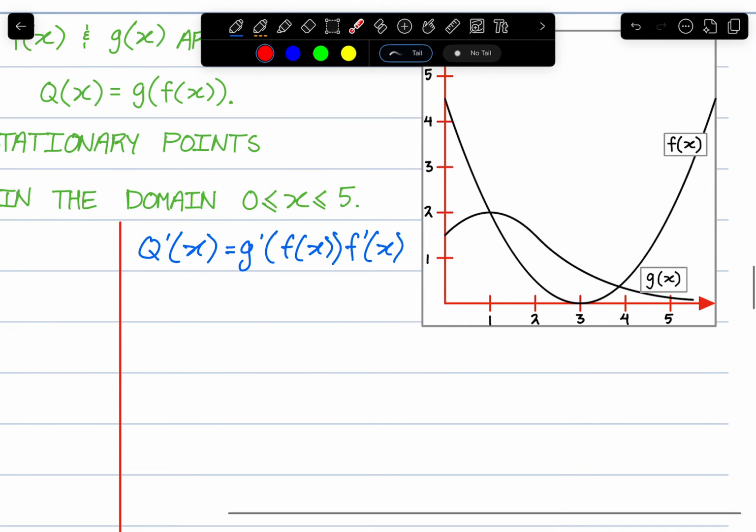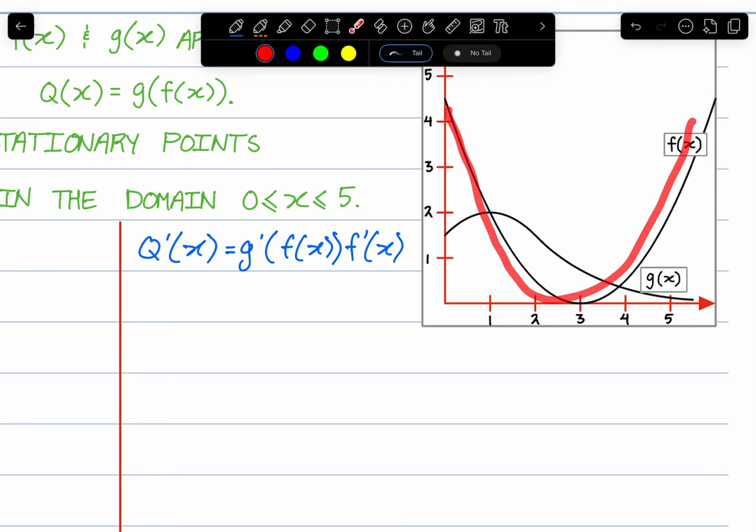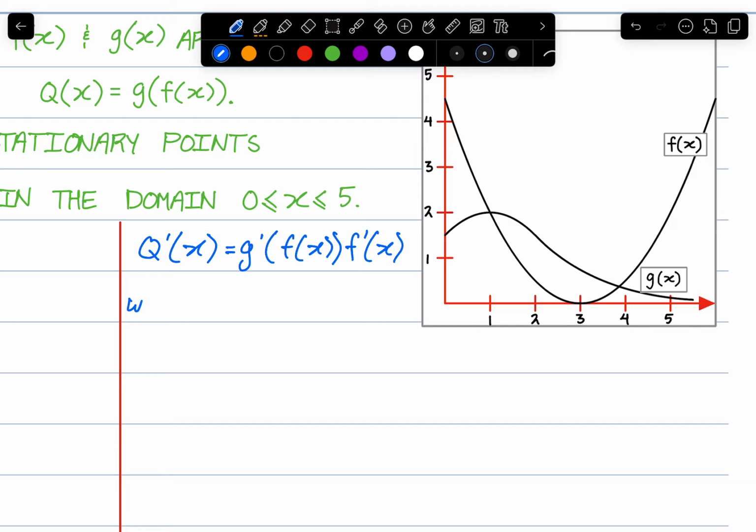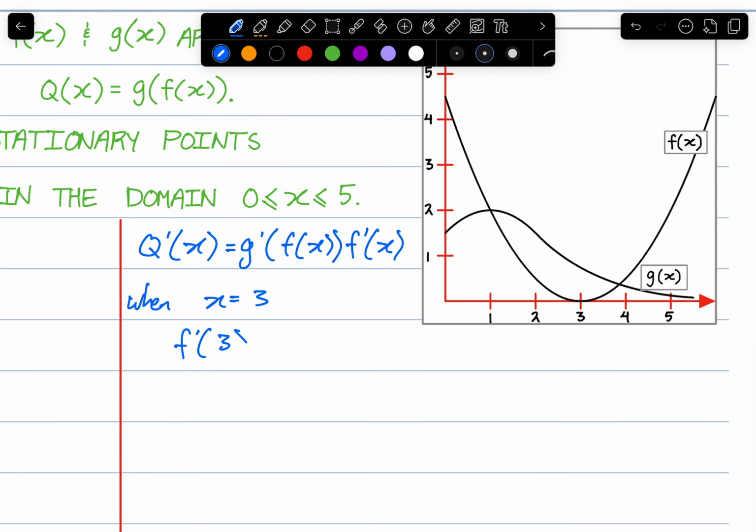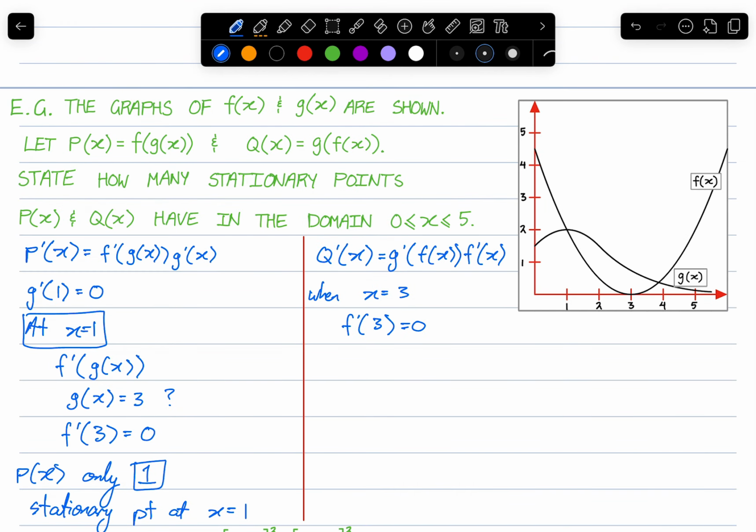Using the same logic, we can clearly see that when x equals 3, f prime of 3 equals 0. So that is one stationary point we can count for q of x.